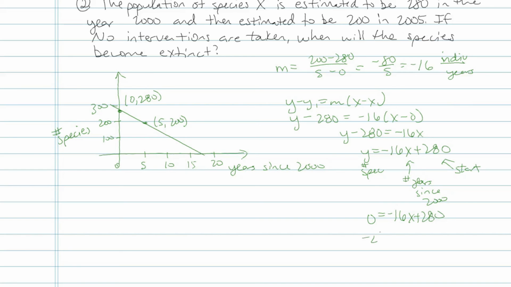Subtract 280 from both sides. Divide both sides by 16, and I end up getting 17.5. That means the year 2017 is when I can expect my population to be extinct. And that's pretty close to what I got when I graphed it. So you can see that intercepts have a really important role when you're looking at linear relationships represented in graphs or in word problems.